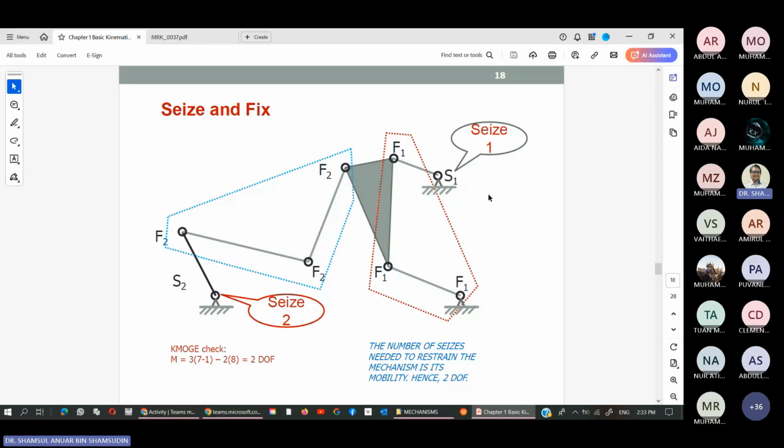As what we have seen so far, a 4-bar mechanism is a 1 degree of freedom system. So once I stop one link, all the other links will stop, even this triangle will stop moving. It cannot move anymore. So basically this whole thing will become like a statue. It's a structure.